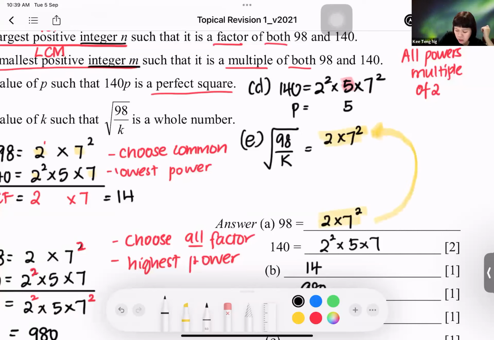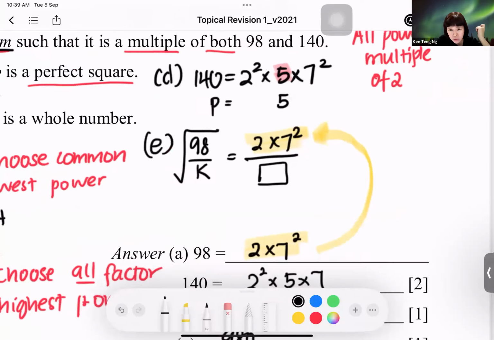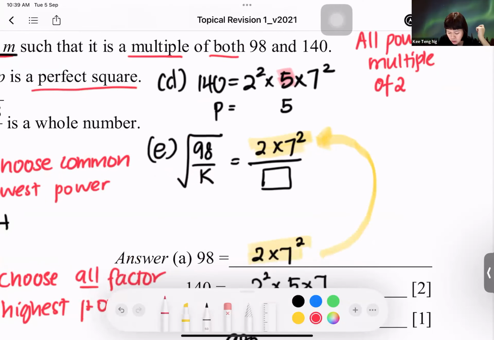I'm going to need to think, what number do I need to divide by such that it can become a perfect square? Inside here, I got 2 factors, 2 and 7 squared. Which one is already a perfect square? 7 squared is already a perfect square, but 2 is not a perfect square.